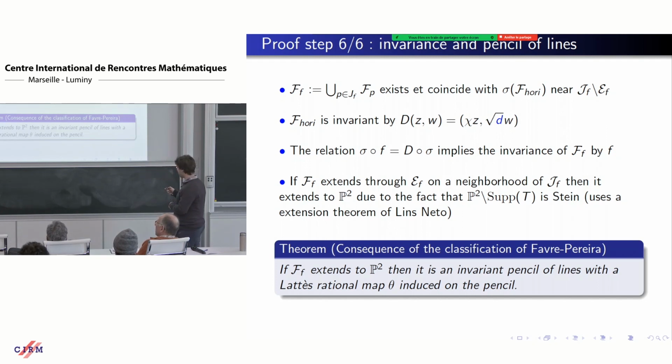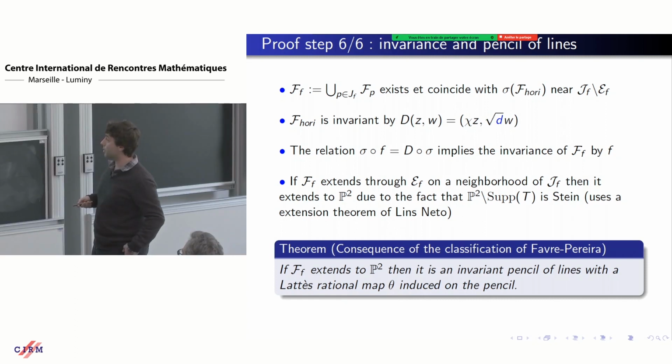And moreover, you can check that the map that is induced on the pencil is a lattice rational map. Okay, so that's the global strategy, and I think I can stop here if you have some questions.